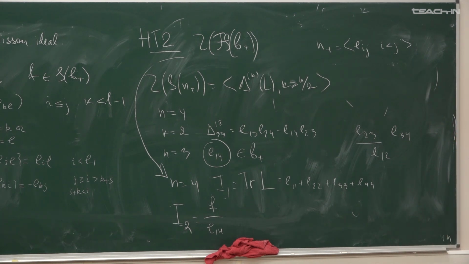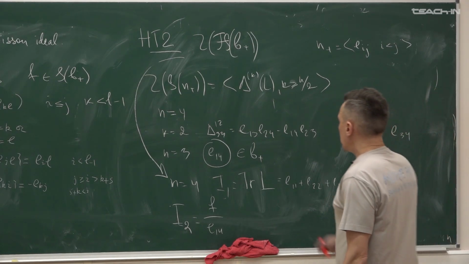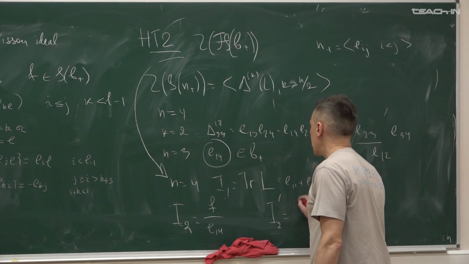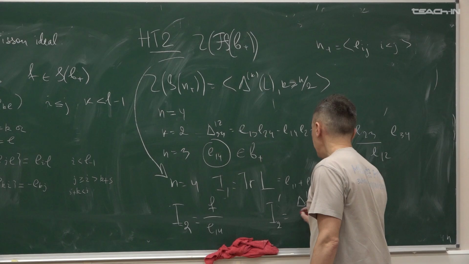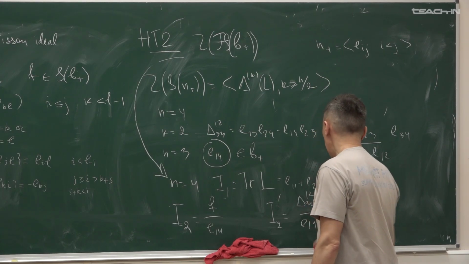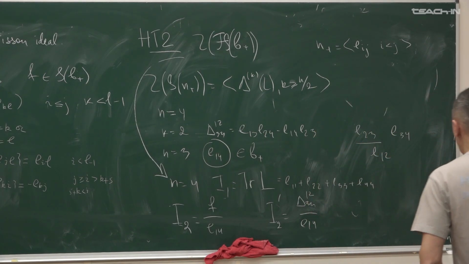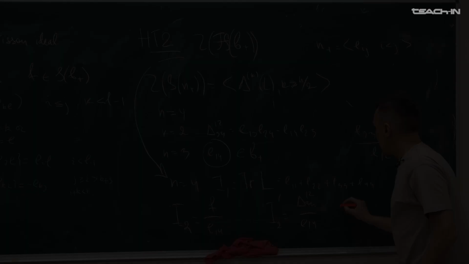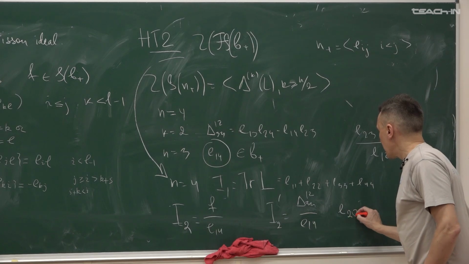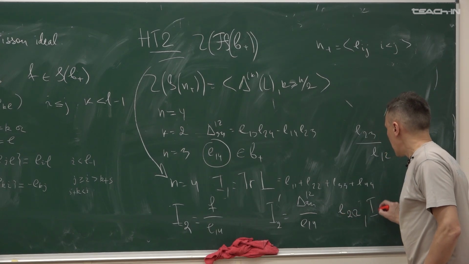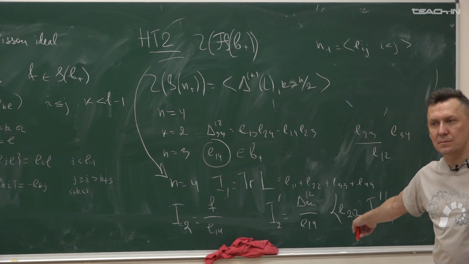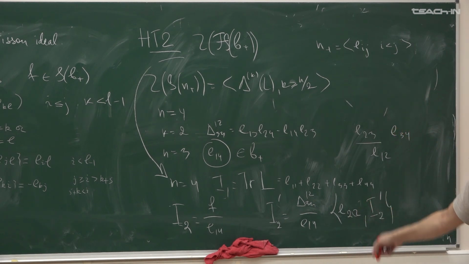But for the Borel, it's not a central element. This is delta 1, 2, 3, 4, E14. So it's not right, but can we verify it? You can calculate the commutator. Please verify it is not 0.